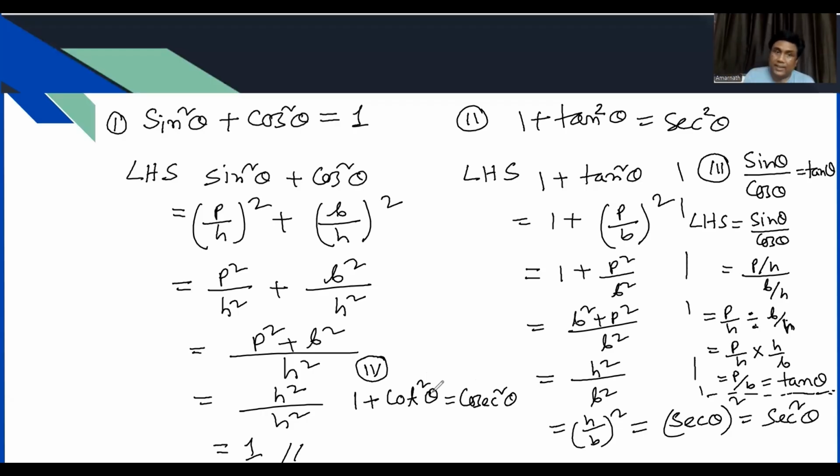And cosec theta is also I have written, that is reciprocal of sin theta. You can see already with you. So this also you try. Take this as left hand side and start solving. Taking LCM using Pythagoras theorem, finally we are going to get hypotenuse by perpendicular. Because perpendicular by hypotenuse is sin theta, so hypotenuse by perpendicular will be cosec theta.